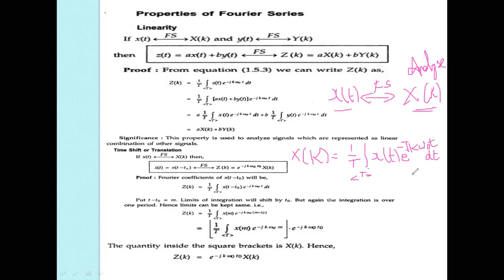The Fourier series coefficient x of k is equal to 1 by T integral over T of x of t e power minus j k omega naught t dt. Using this relation, I have to prove the linearity property by taking z of t as an input function and, after applying the Fourier series for z of t, getting z of k. Follow my dear students. Now I will take the whiteboard and explain there.